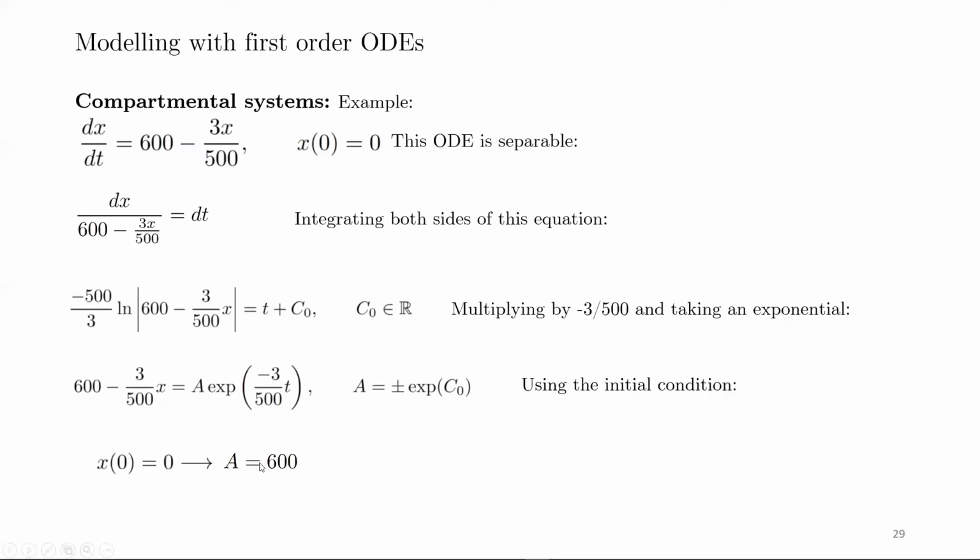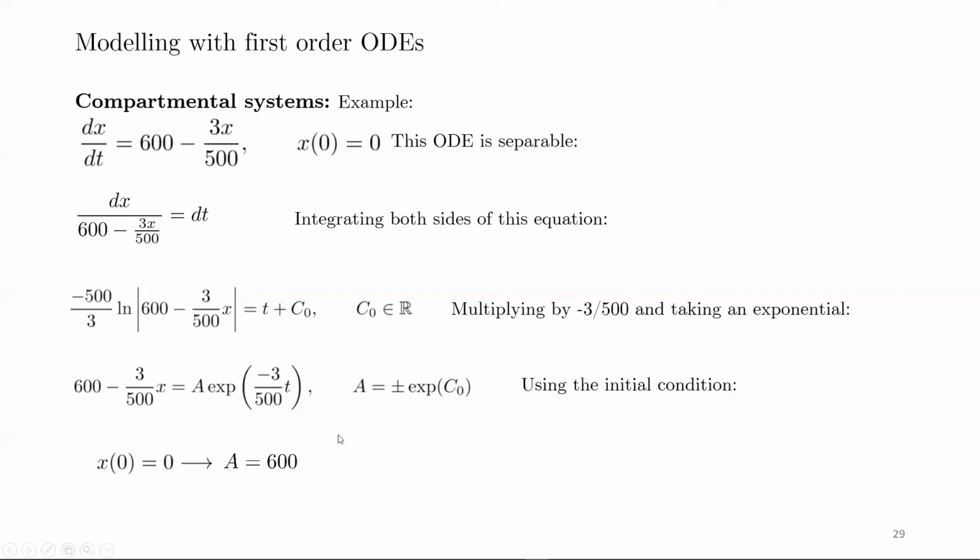And if we enter that into the differential equation, what you should find is that a equals 600. Okay, and actually it's not too hard to see from this line why that's true, because if I substitute in t equals 0 here, we get the exponential of 0, which is 1. So our right hand side is a, and on the left hand side, when t equals 0, x equals 0, so this term is 0, and we just get left with 600.